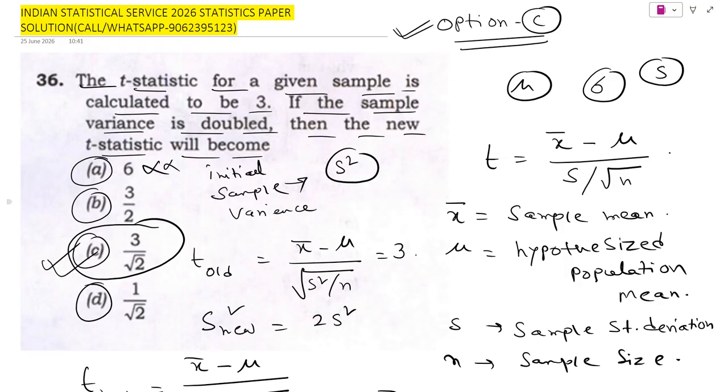Option D says 1 by root 2, and I think they forgot to multiply by the original value of the statistic, so this is also wrong. Options A, B and D are wrong, and option C is the perfectly right answer.